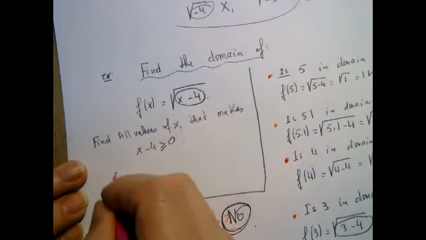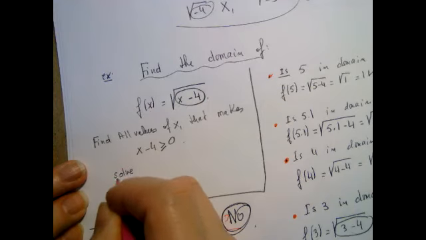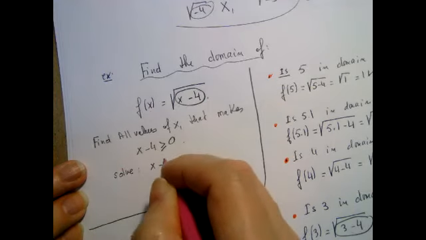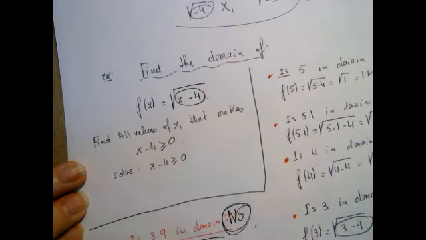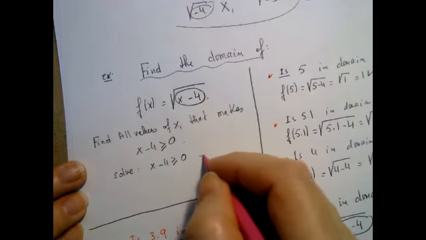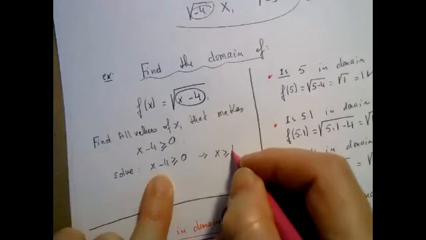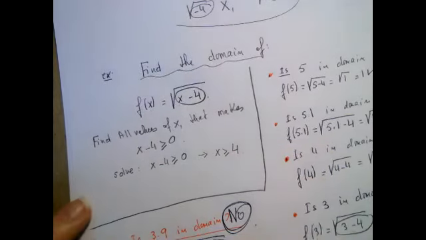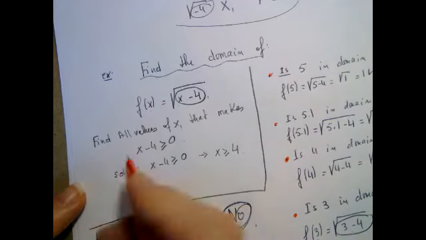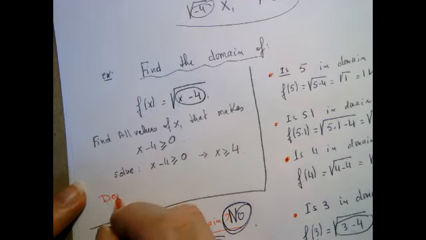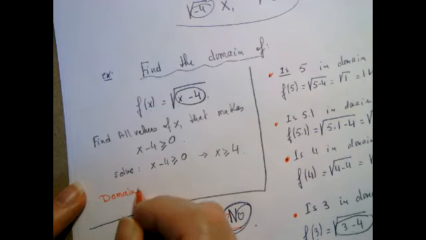So now we have to solve x minus 4 positive because that's what I want. We solve that, we get x larger or equal to 4. So the domain is going to be every number, as long as it is bigger or equal to 4.